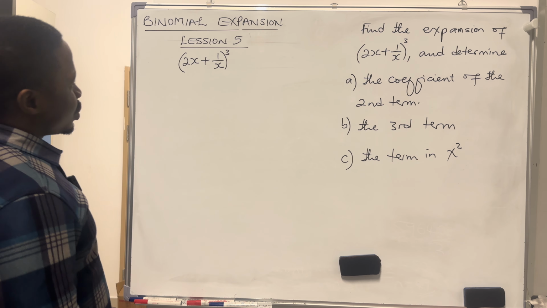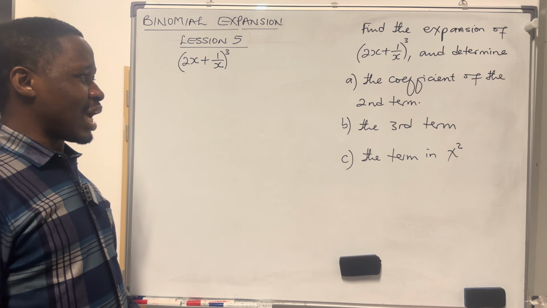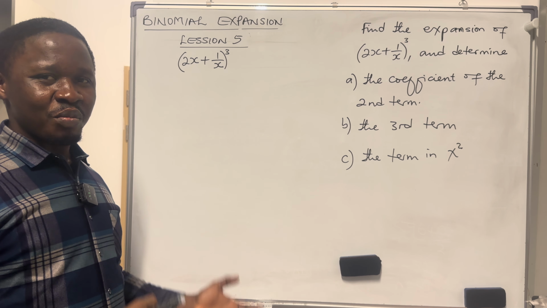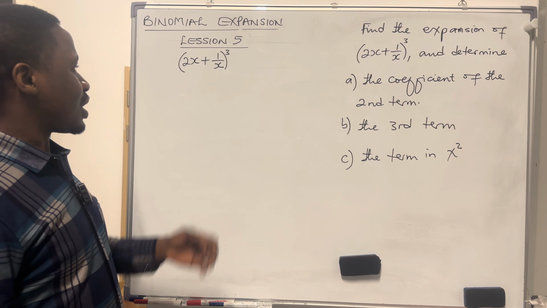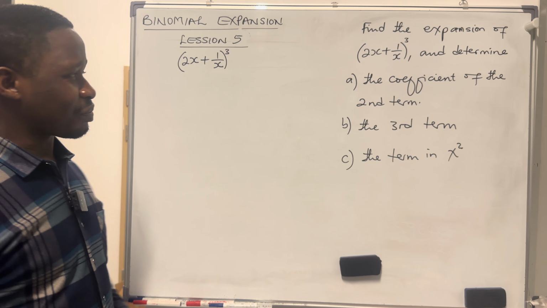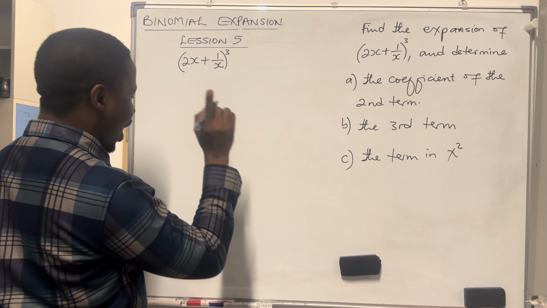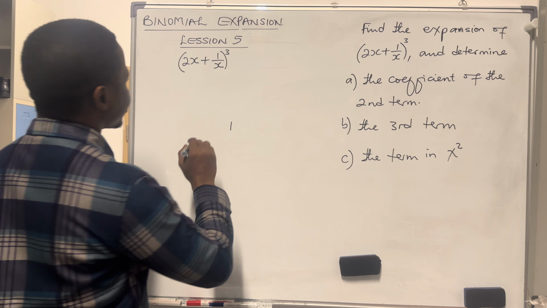So we can use the binomial theorem, but some students have difficulty using the combination from the calculator. So we can use Pascal's triangle. According to Pascal's triangle, power 0 is 1. Be attentive, power 0 is 1.